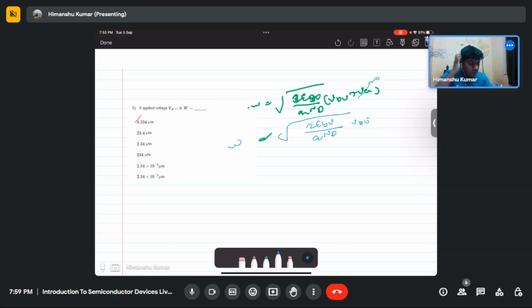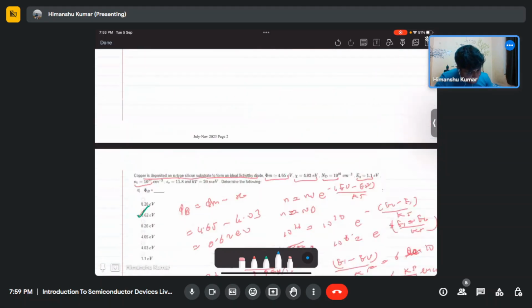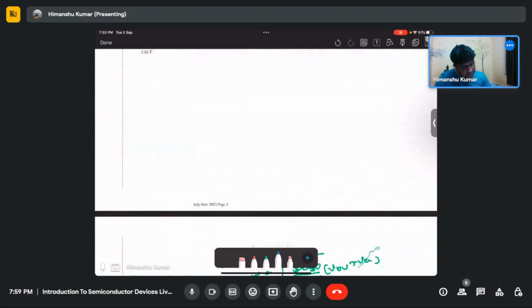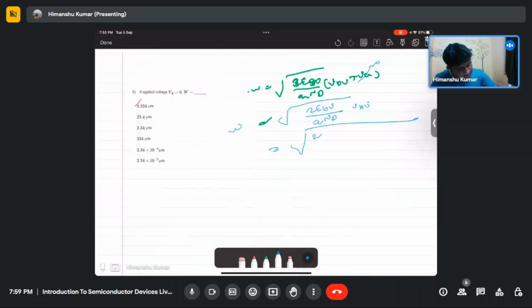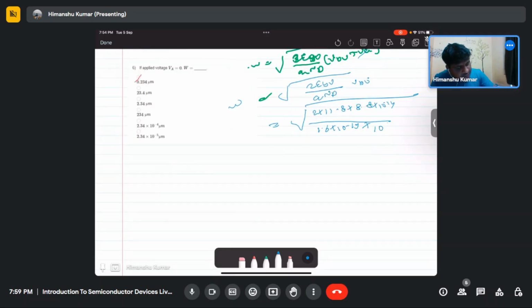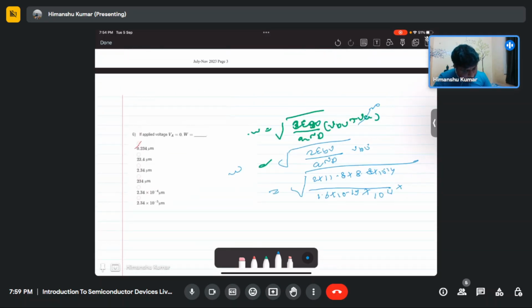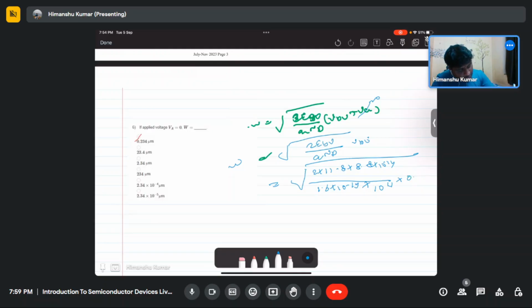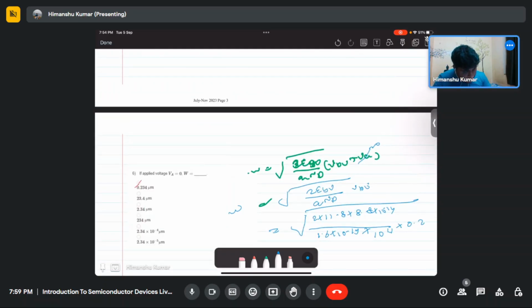Let's put in all the values. We are provided epsilon Si as 11.8. So 2 multiplied by 11.8 multiplied by 8.8 into 10 power minus 14, divided by 1.6 into 10 power minus 19 multiplied by Nd, which is 10 power 16, multiplied by VBI.